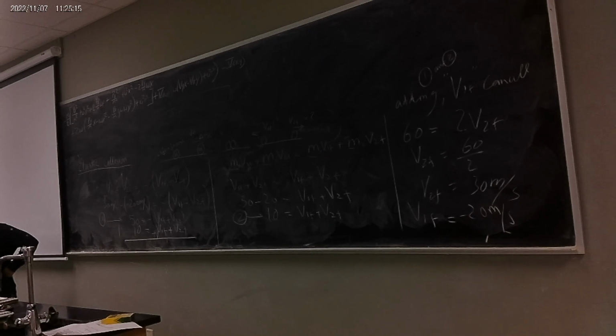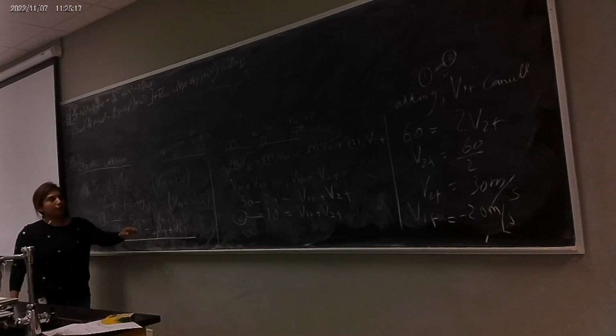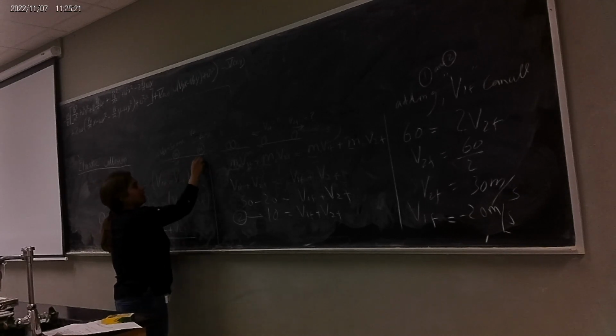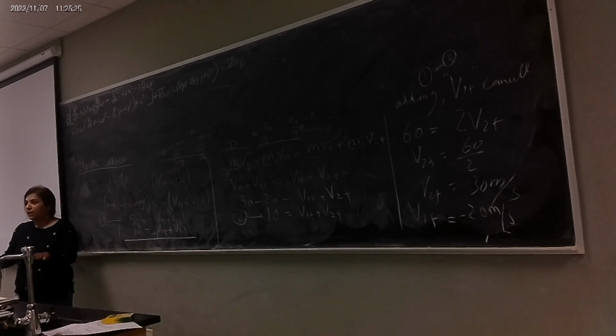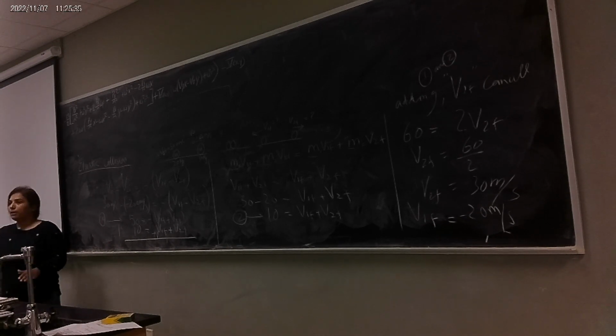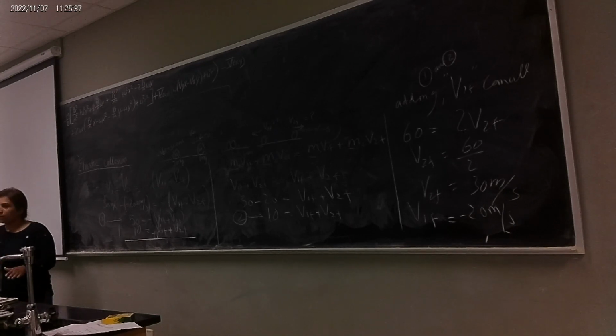If you had two different masses with the same problem, one 20 kg, one 10 kg, they will still conserve the momentum, they will still conserve the kinetic energy, but they can never move with the same speed, because in that way they are not going to conserve the momentum.